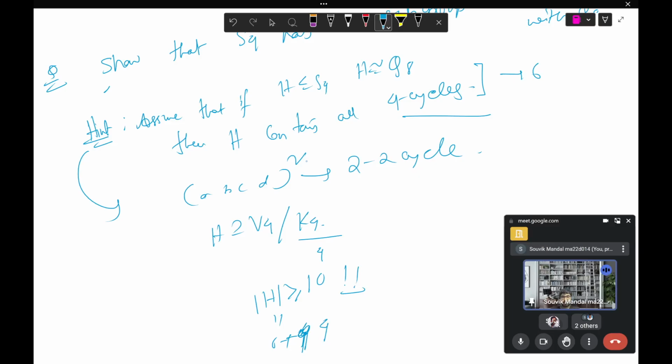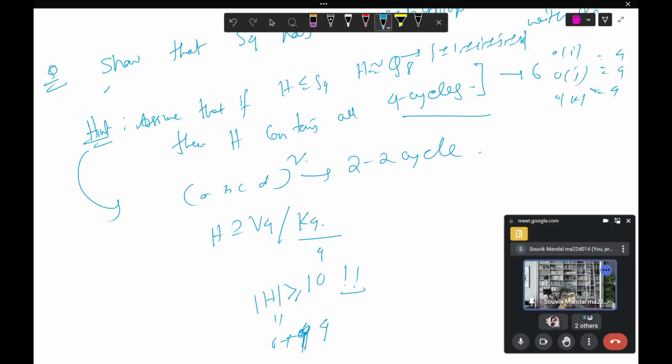So now all you need to check is that H contains all 4-cycles. How to do it? Q8, its elements are what? Plus minus 1, plus minus i, plus minus j, plus minus k. The orders of i, j, k are already 4.